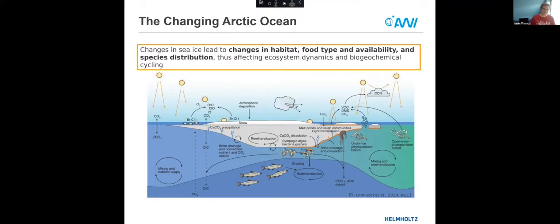The changes that we are going to see mainly have to do with the thinning and more dynamic part of the sea ice. And the angle at which Ecolite is going is that this is mainly triggering a big change in the light regime of the Arctic Ocean.